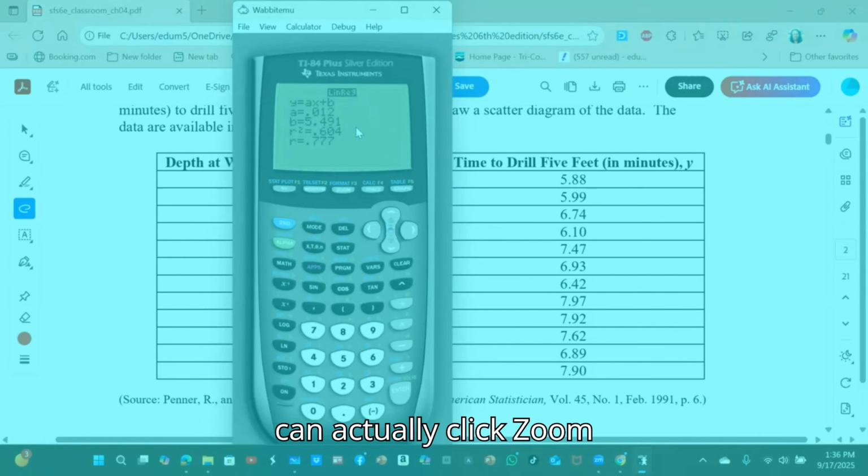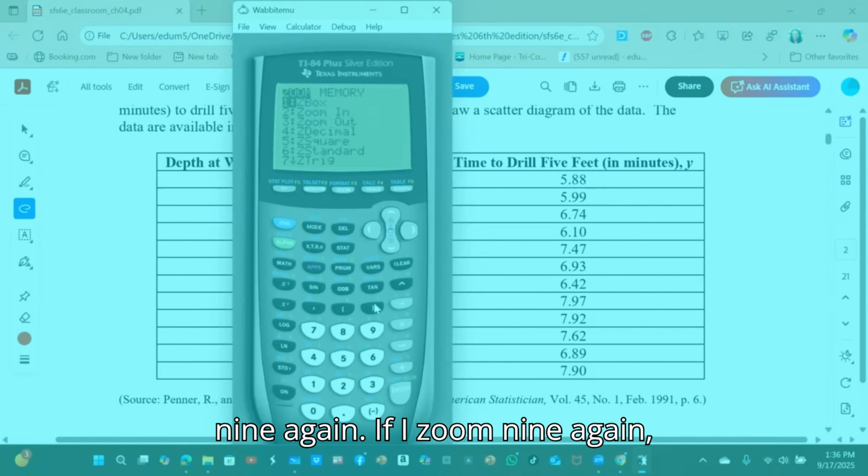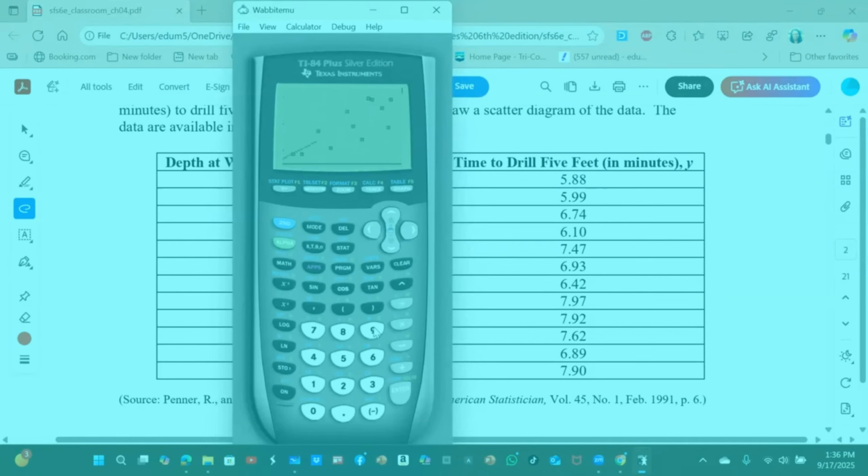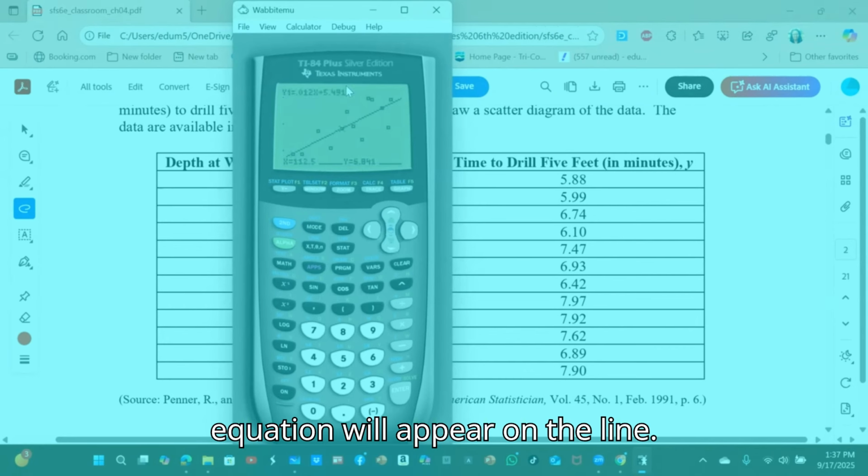Alternatively, I can click Zoom 9 again. If I Zoom 9 again, the line will draw on the graph. And if I push Trace, the equation will appear on the line.